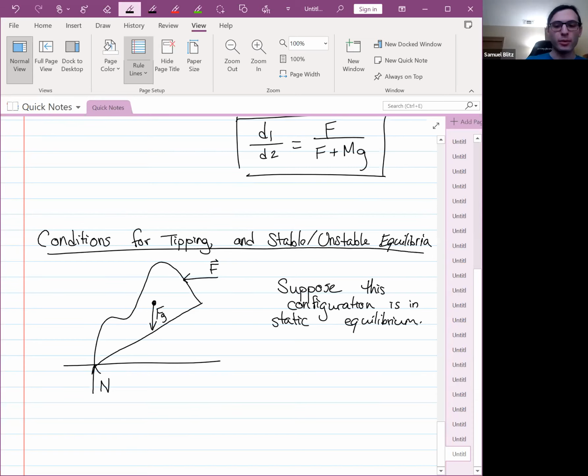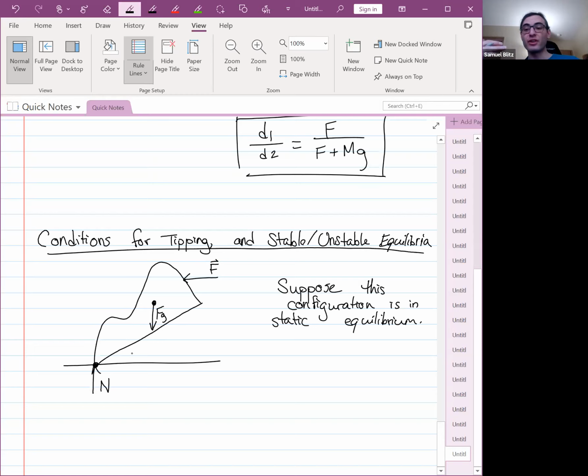And by the way, you would also probably have to have a friction force pushing this way, but assume that it's bolted, fixed to rotate around that point. So if we change F, if we make F smaller, in order for it to stay in the same spot, the normal force would have to be applied in a different place. Maybe it would have to move to here, but it can't. The normal force can only be applied in one place.